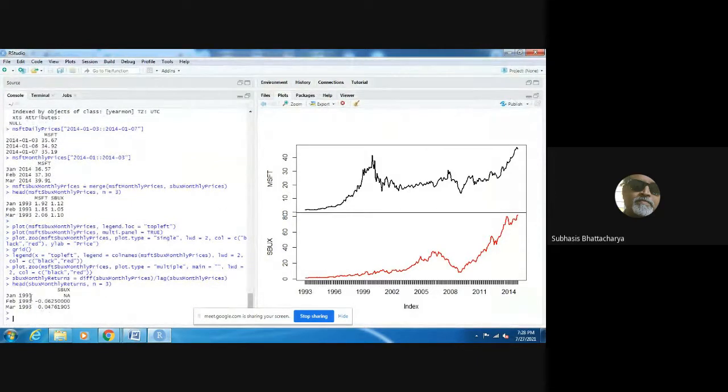So look, since the initial period is January 1993, its value is not there, and from February, March you get the return. These are monthly derived from the SUBX monthly.